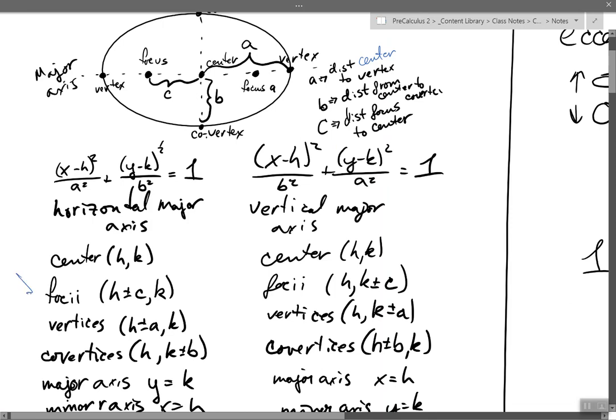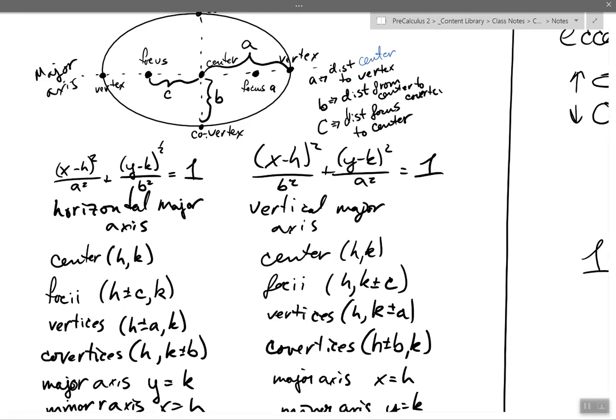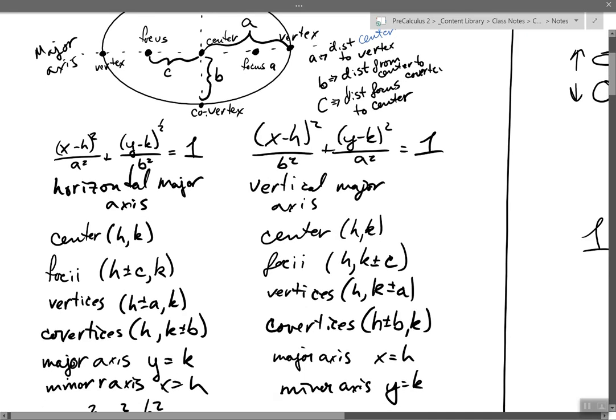So on this one it is x because that's the major horizontal axis plus c. Over here it is y plus c. And then the vertices are the same orientation, so plus a now to h, or plus a now to k, because that is the distance from the center to the vertex, like I changed up there.